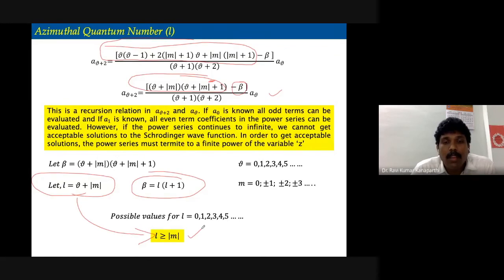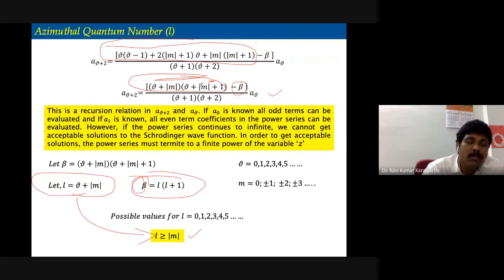Only for such L values 0, 1, 2, 3, 4, 5, will this power series terminate. If you assign some other values, the beta value will be different. That may not be the same as this quantity, that is nu plus modulus of m multiplied by nu plus modulus of m plus 1.